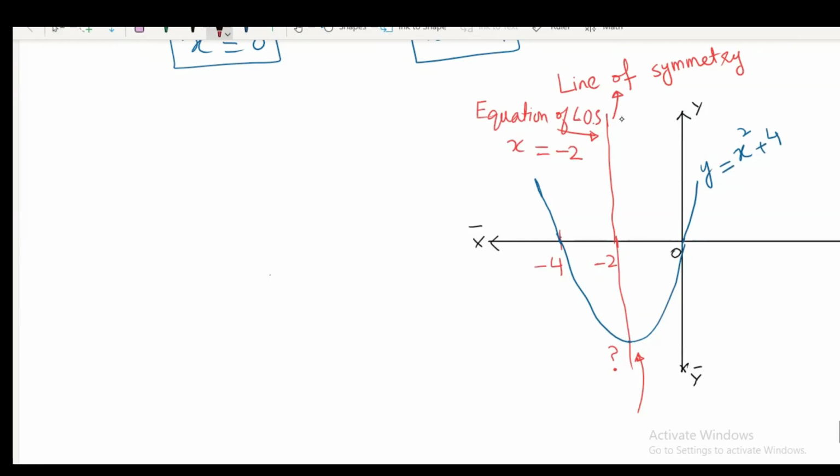To find the vertex or turning point, we have to put x equals minus 2 in the original function.